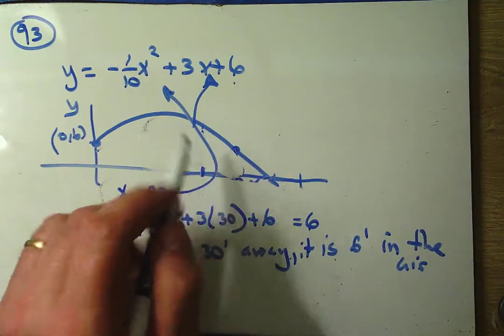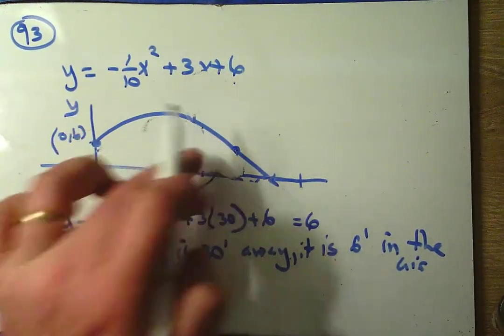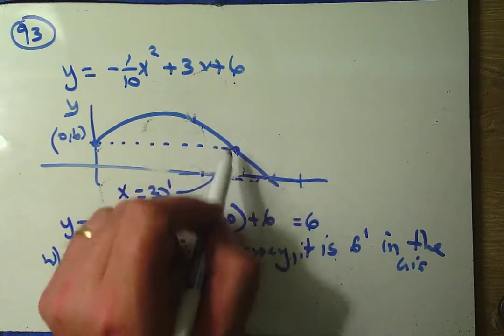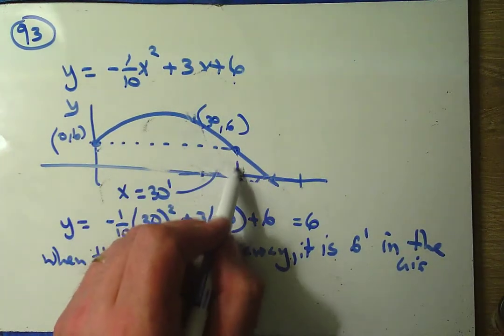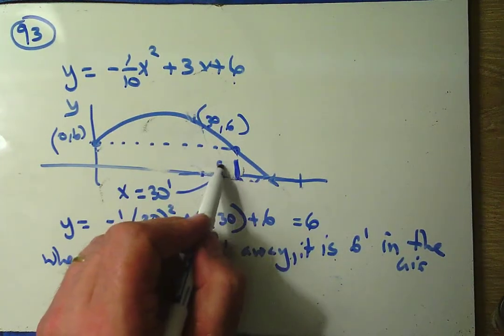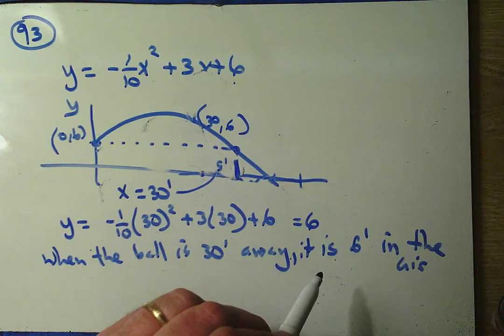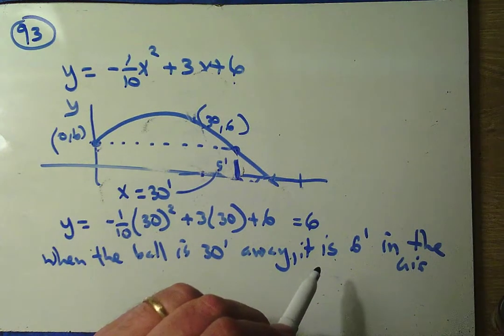So I think we've got this situation where we're 6 feet high at 30. Well, the child is 5 feet high. They ask us, will the child be able to catch the ball? Well, I think if they put their arm over their head, their arm is probably more than 1 foot long, they'll be able to catch it.